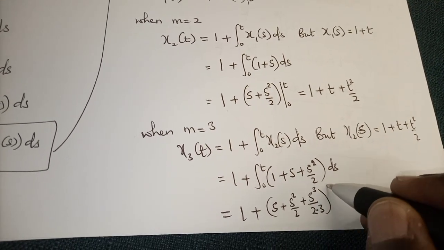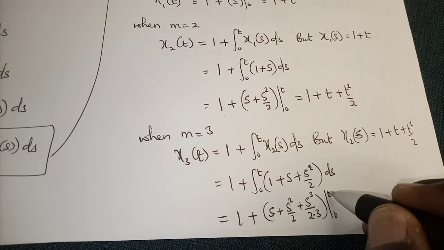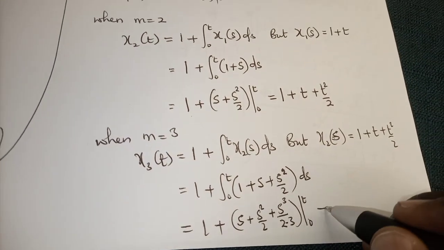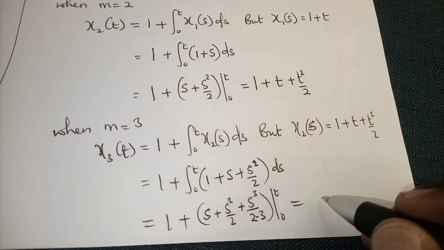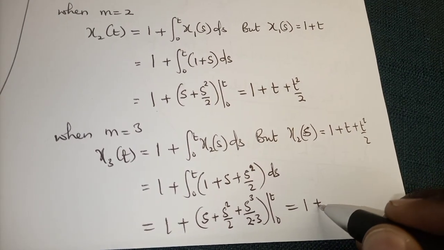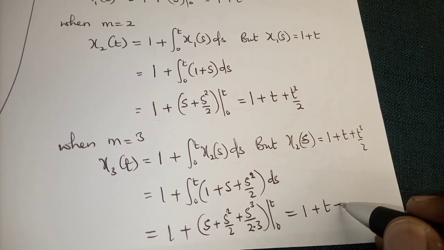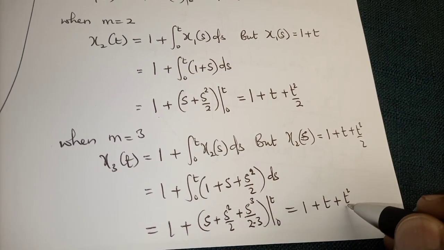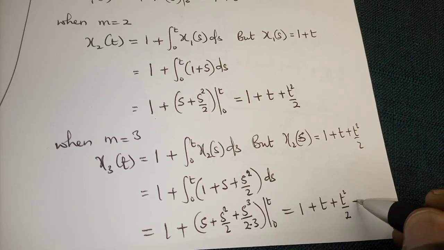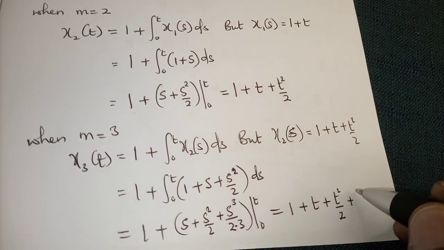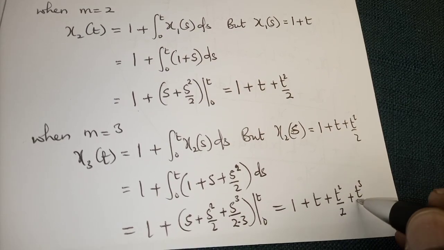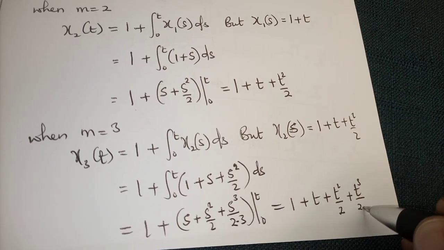The evaluation is this: we have 1 plus t plus t squared on 2 plus t cubed on 2 times 3.